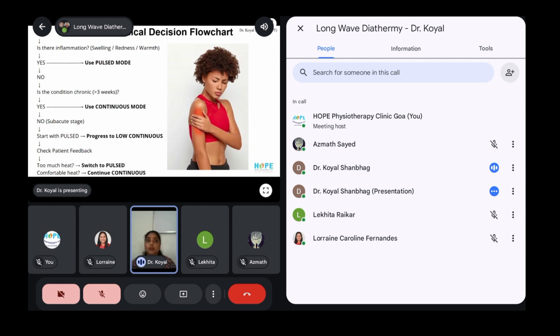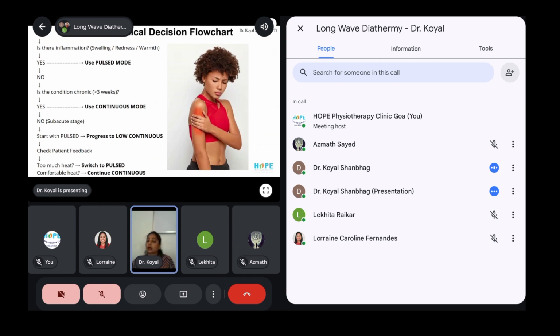So how will we decide whether we should go for continuous or pulsed mode? We should first see whether the patient has inflammation, whether they have swelling, redness, warmth. These are all signs of acute cases, and if it is there, then we should first go for pulsed mode, where it is a non-thermal effect. If the condition is chronic, which is more than 3 weeks old, we can use continuous mode.